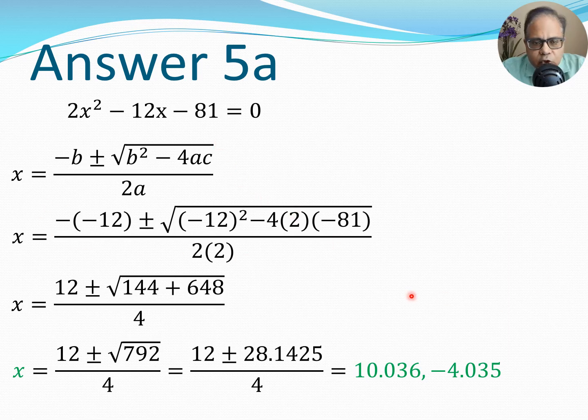With that I can solve this equation. I do some math manipulations, and then finally I obtain x as this particular value, which is 10.036 or minus 4.035. So essentially we get two roots of this equation. So there are two possible values of x which are going to satisfy this equation here.